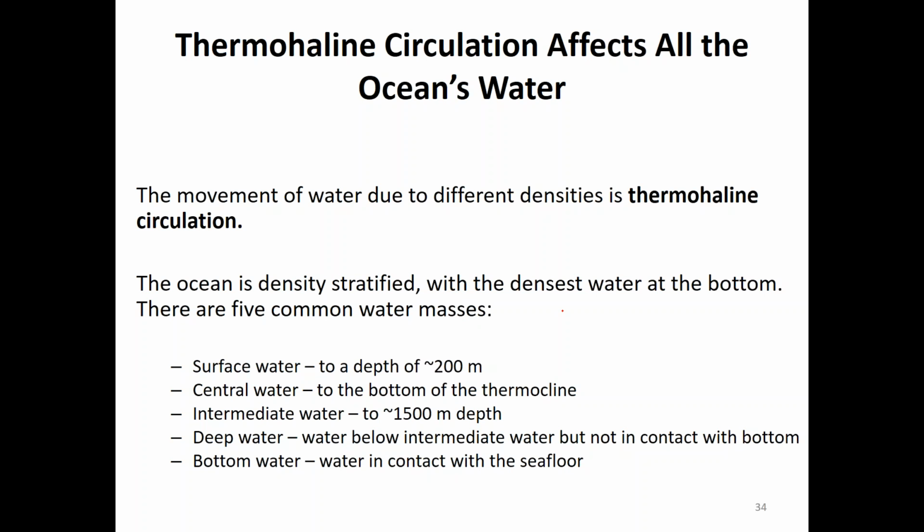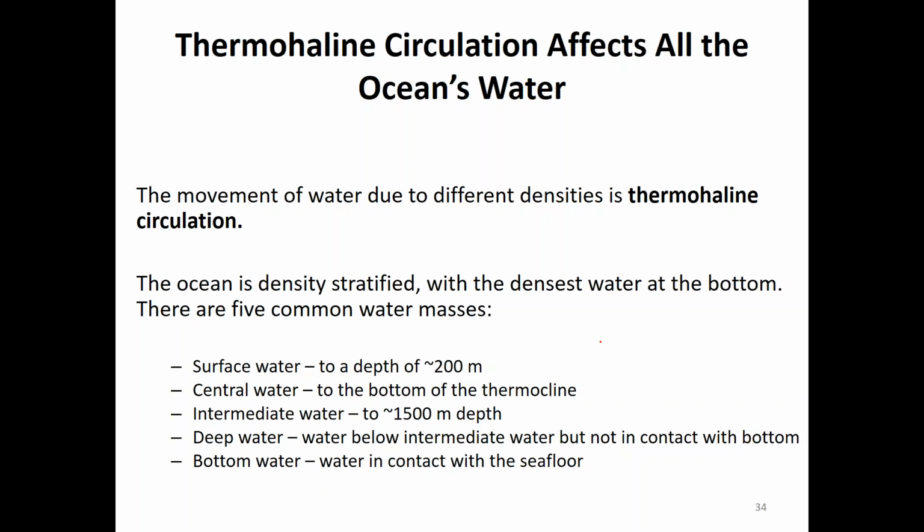The circulation we've talked about so far is surface circulation, water moving horizontally in the ocean, plus some vertical motion, upwellings and downwellings driven by the wind near the coast. This, by contrast, is the slow vertical overturning of the ocean driven by differences in the density of water. So it's the movement of water due to different densities, and this is called the thermohaline circulation. The ocean density is stratified, with the densest water at the bottom.